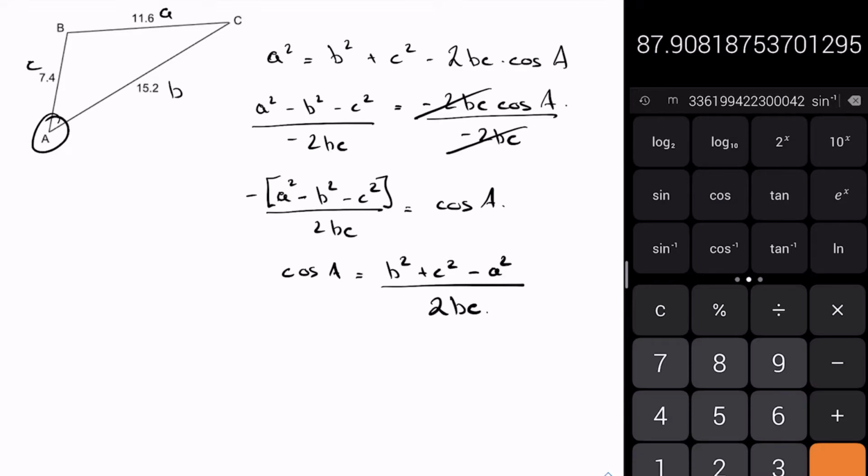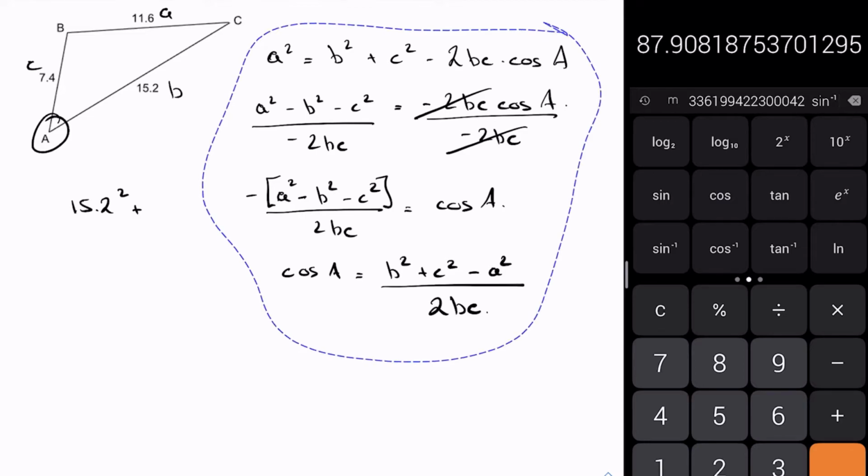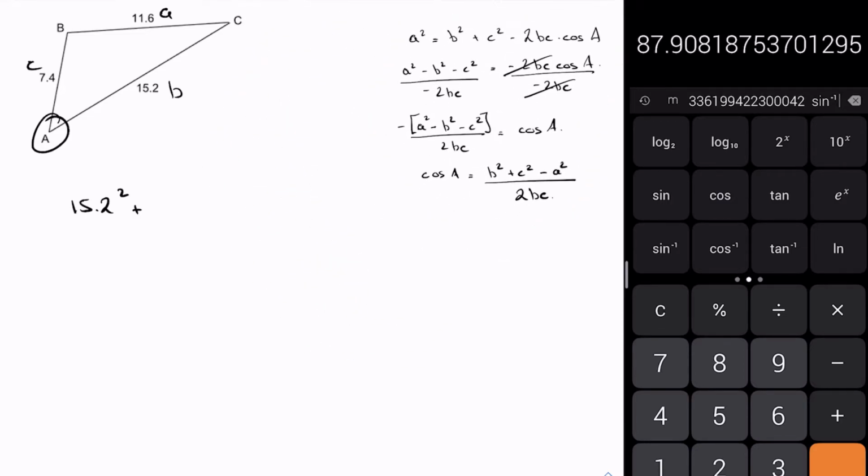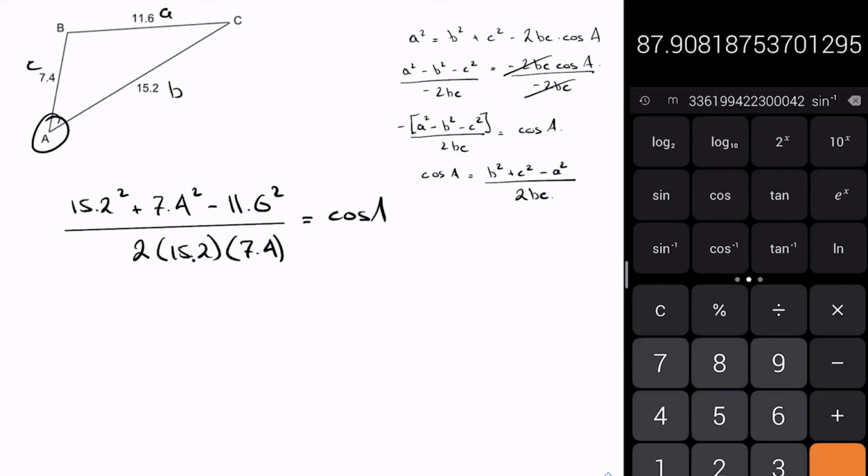So I'm going to go b squared, which is 15.2 squared, plus c squared, which is 7.4 squared, minus 11.6 squared, all over 2 times the b value, 15.2, and the c value, 7.4, and that's cosine of A.